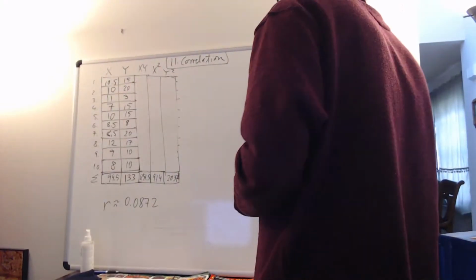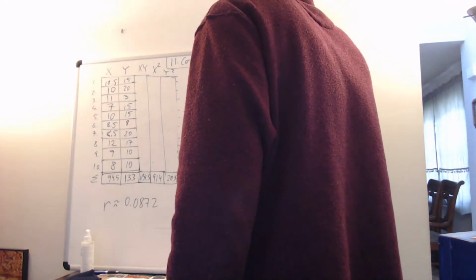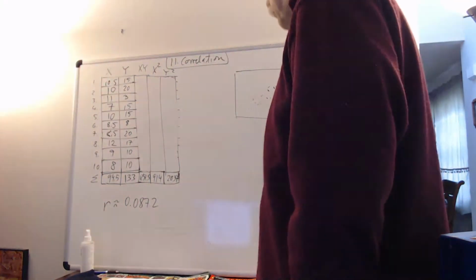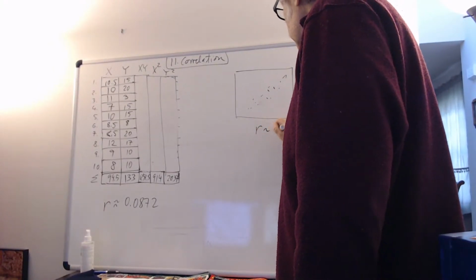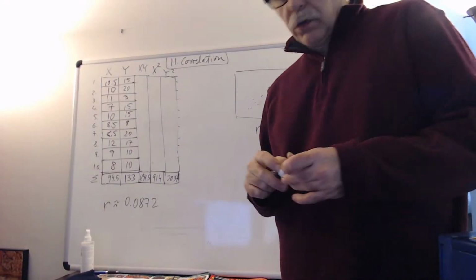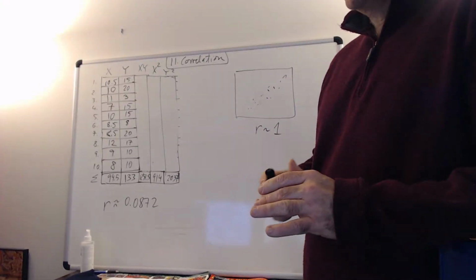Okay. If there is a correlation, you might have something like this. The R is going to be close to 1, or should we say closer to 1.